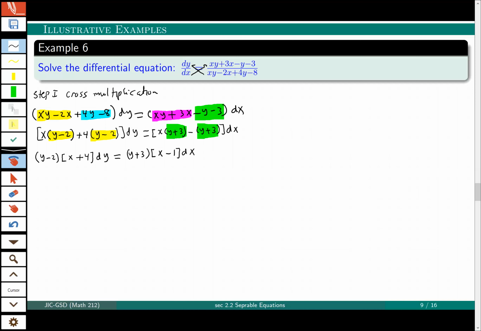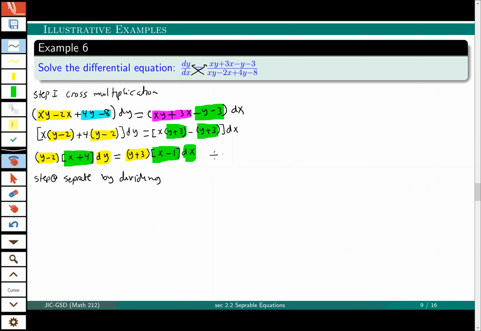Now we are almost done to separate. I have here dy, which should be a function of y, but this is a function of x. And here I have dx, but that is a function of y. So we need to divide to separate. So step 2, separate by dividing. So we divide by what?